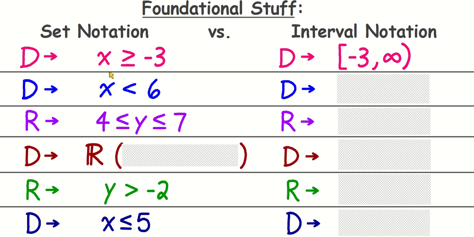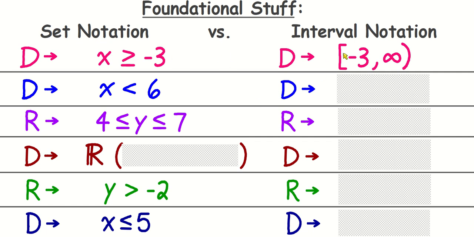Okay, so really quick, set notation. Hopefully this looks familiar enough for everybody, that everybody in the past has used a lot of greater than or equal to symbols or less than symbols, that kind of stuff. Inequality symbols. So all these examples are basically just random examples of domains and ranges.